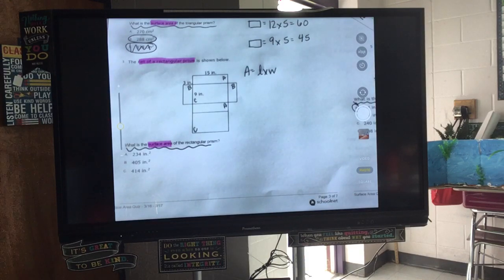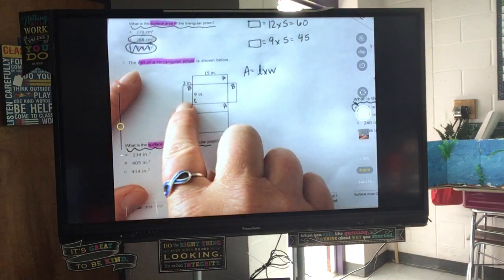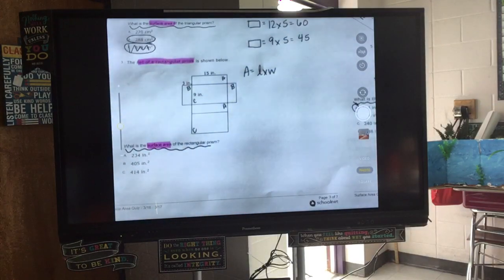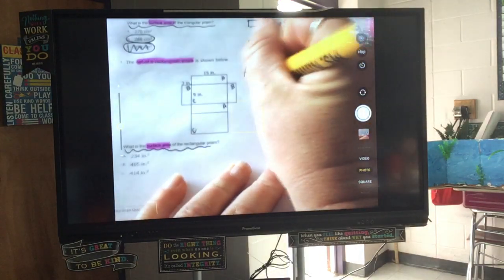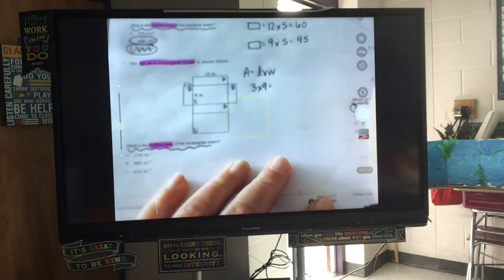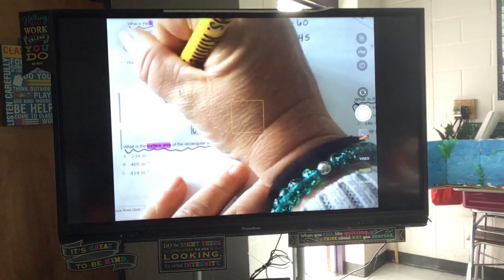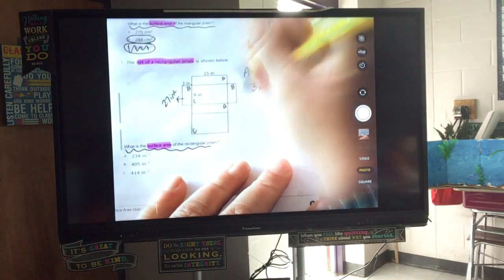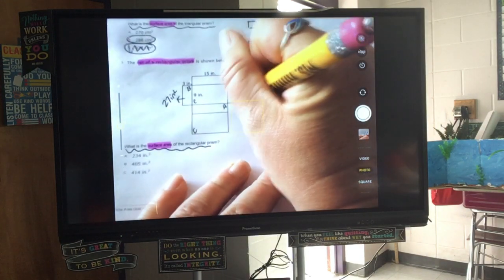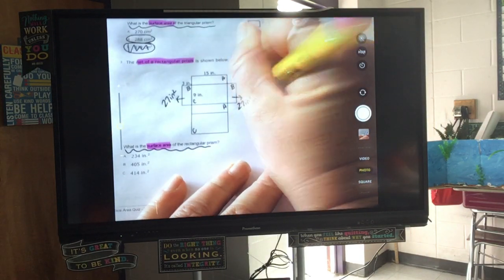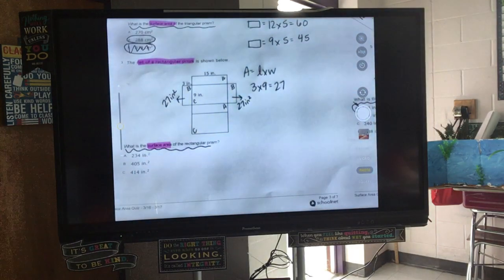All right, so let's go ahead and I'm gonna find the small one first because it's got the most numbers with it. So we're gonna do 3 times 9, which gives me what? Alex? 27. So this one is 27 inches squared, and this one is 27 inches squared. Does everybody understand why?